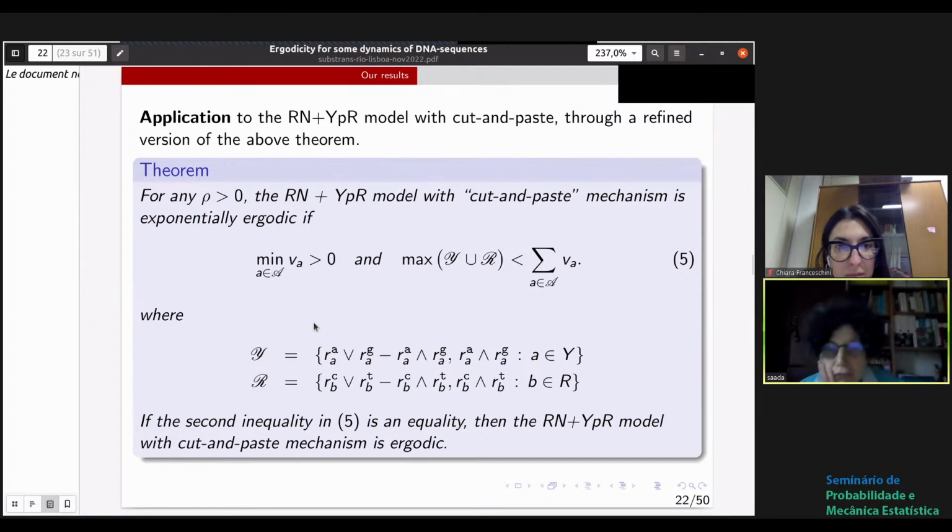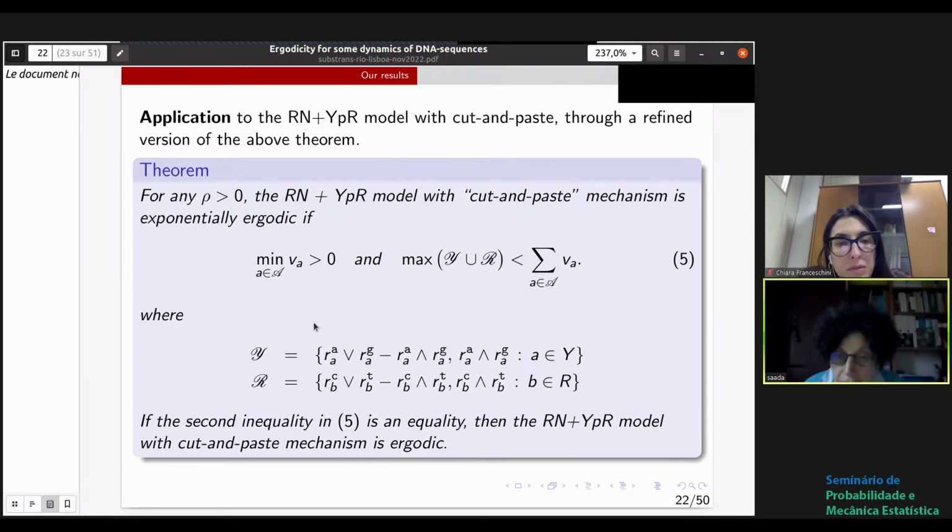And what it gives for our system, okay, working a little more, it's possible to prove that our model is exponentially ergodic with the condition, okay, mean V_A positive, that is just M positive, same value. And then another inequality, which involves the rates R, all the rates R less than the sum of the V's.